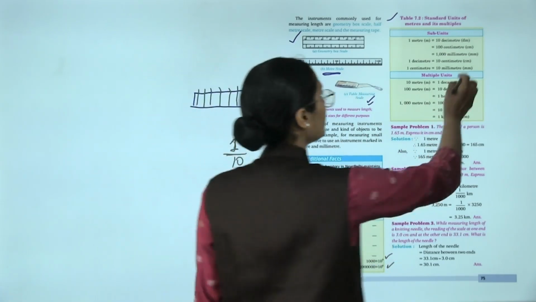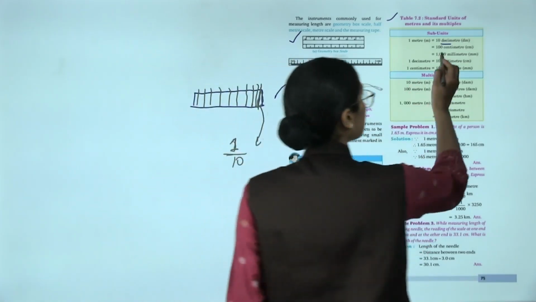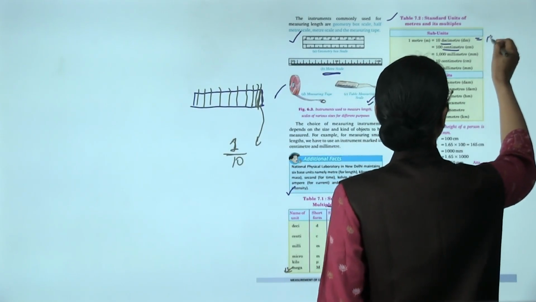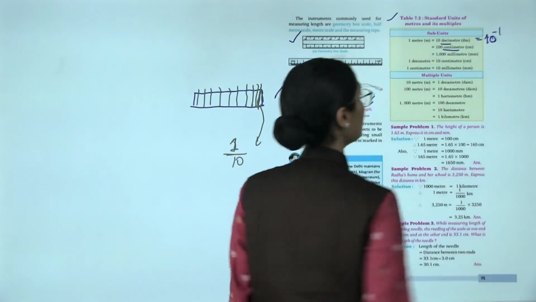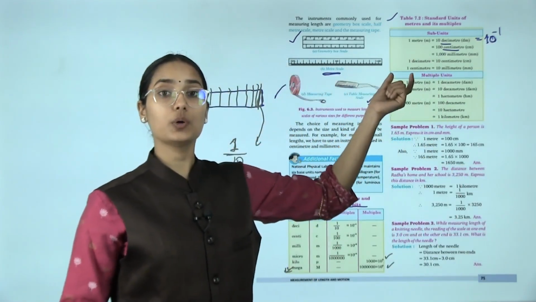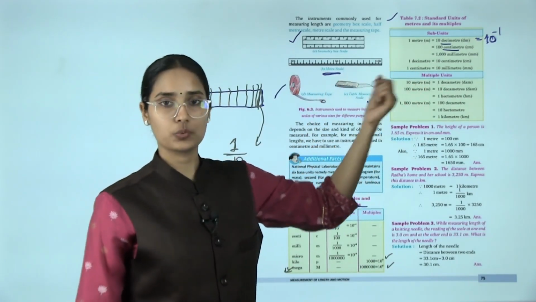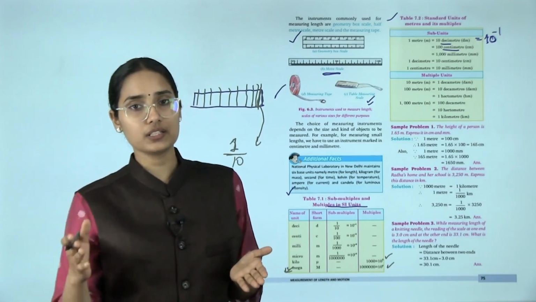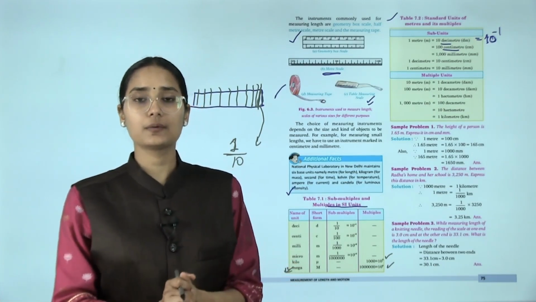For example, we have decimeter and centimeter. 1 meter is equal to 10 decimeter, and decimeter can be written as 10 raised to the power -1. Similarly, 1 meter is equal to 100 centimeter, which means 10 raised to the power -2. Similarly, 1 decimeter can be converted to 10 centimeters, and 1 centimeter can be converted to millimeter.